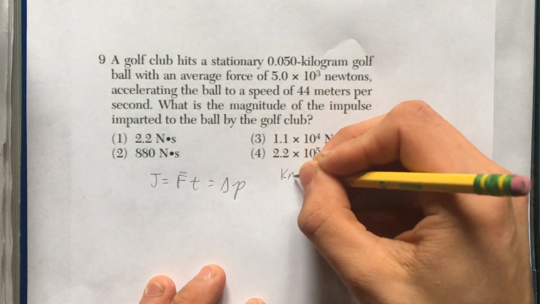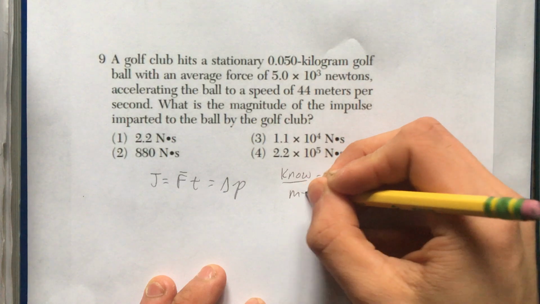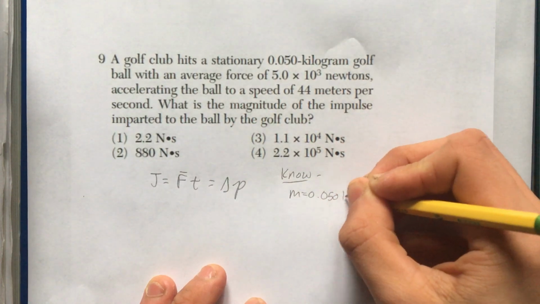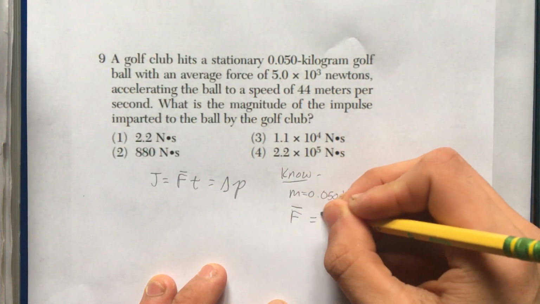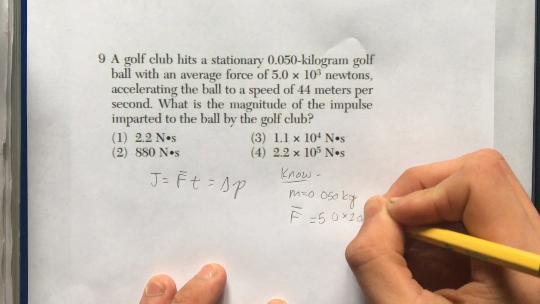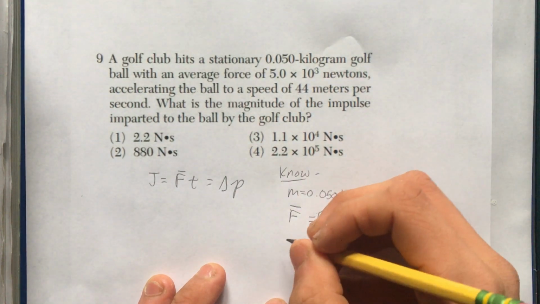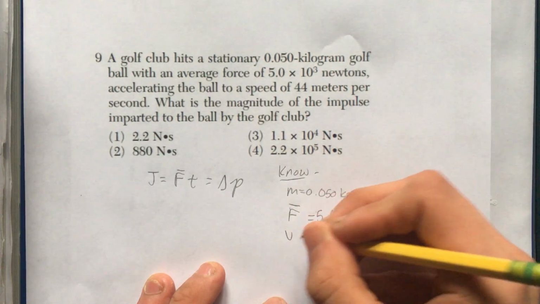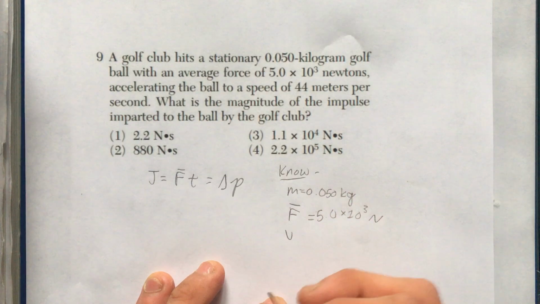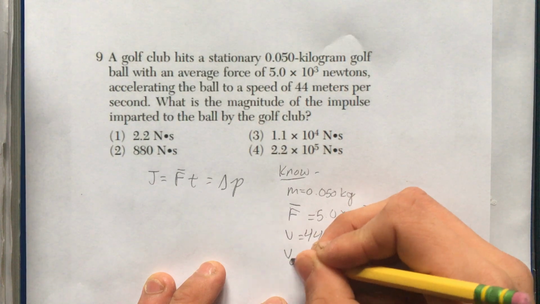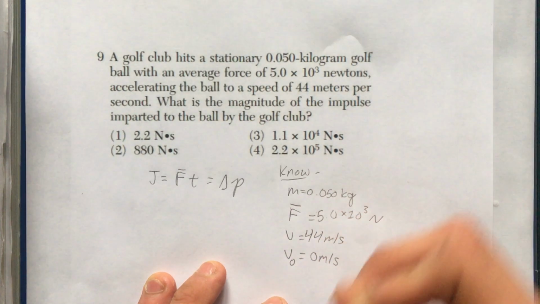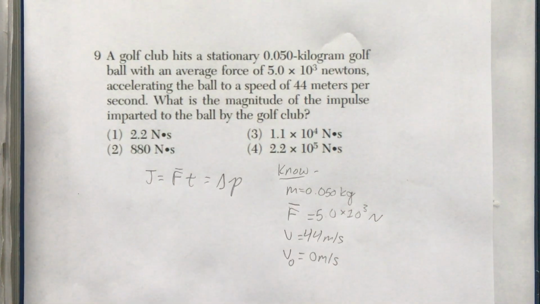What we know in this question is the mass is equal to 0.050 kilograms, the average force is equal to 5.0 times 10 to the third newtons, the velocity after the impact is 44 meters per second, and V naught is equal to 0 meters per second. I use subscript 0 and no subscript instead of subscript i and subscript f, just personal preference, if that's confusing at all.